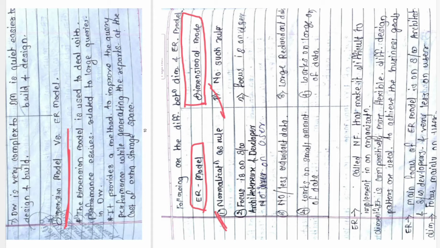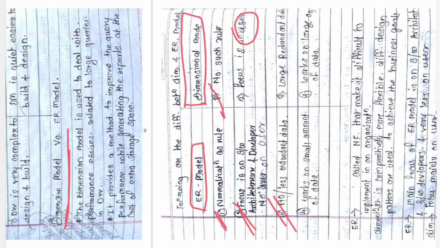Then the focus is on the software, of course, the software architecture and the developer, not on the user. Here in the dimensional model the whole focus is on the user, because the user is the only stakeholder. Then less or no redundant data will be there in our ER model.